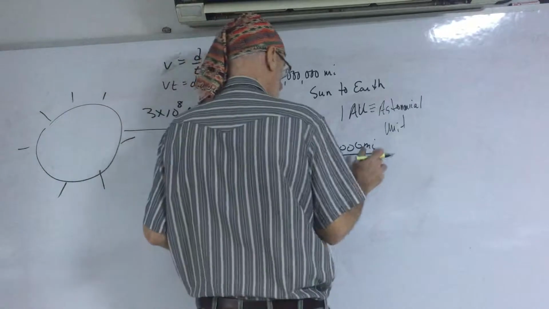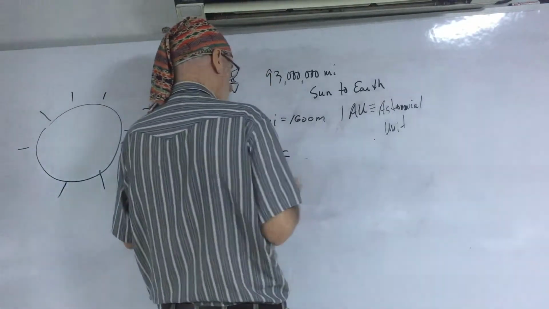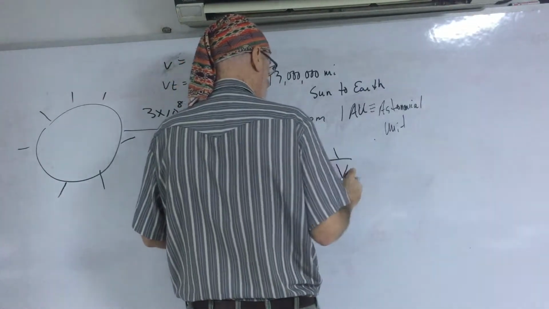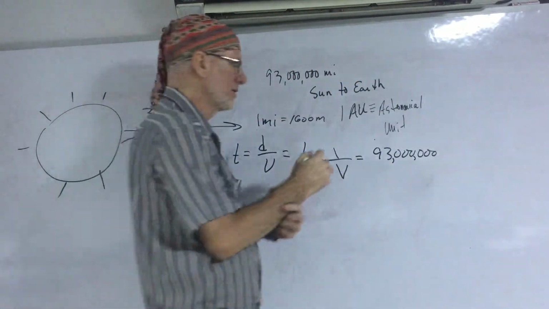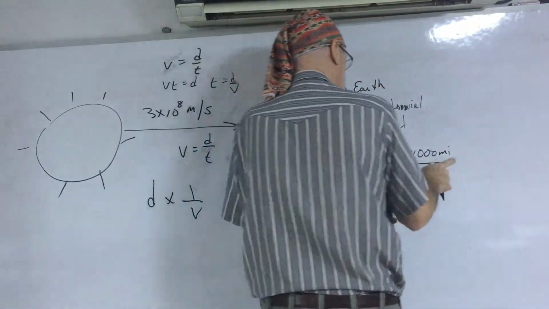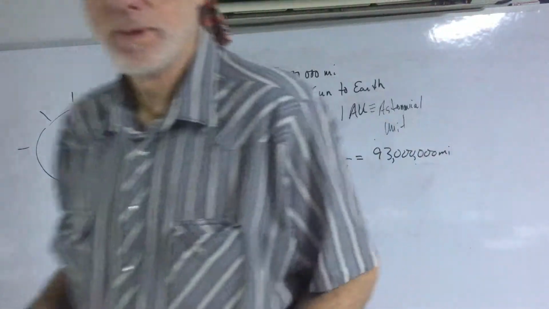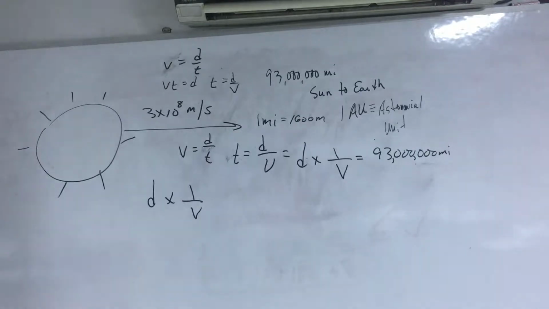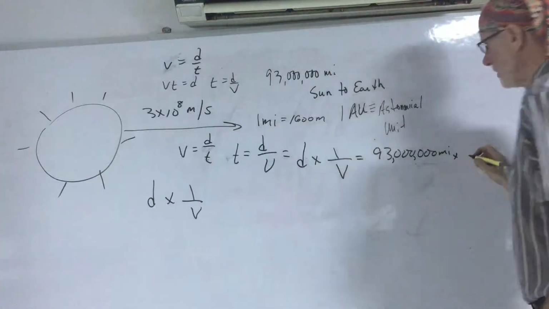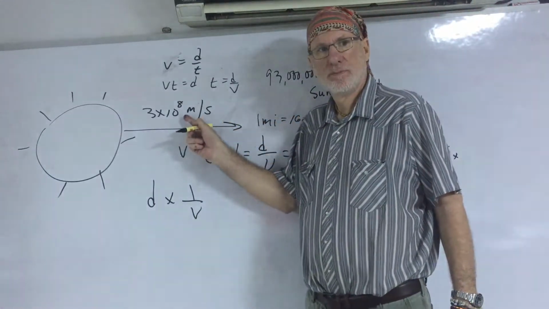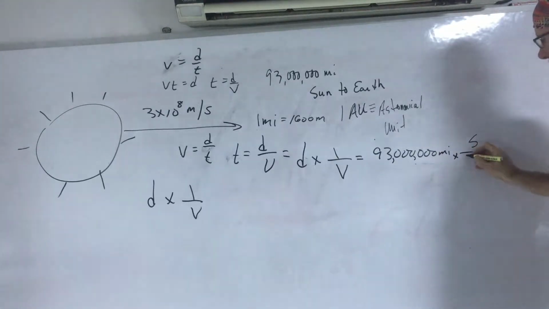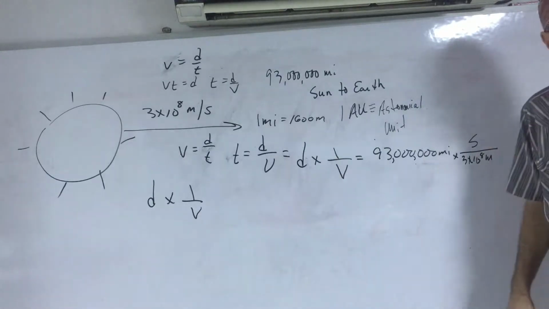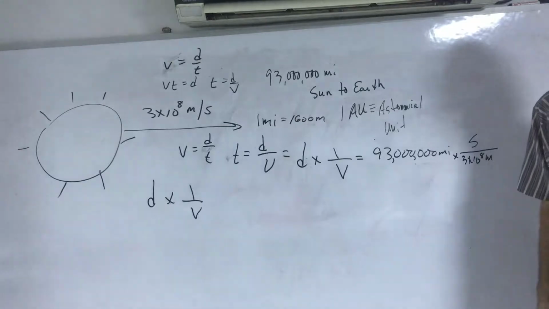So I'm going to say that this is d times 1 over v, which equals 93 million miles times, what's the reciprocal of that? It's 1 second over 3 times 10 to the 8 meters, isn't it? You were thinking too much.